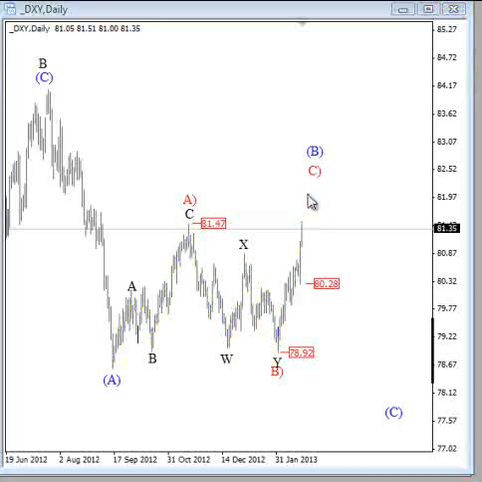So I think that if we keep in mind this structure on the dollar index, a flat correction, then of course euro dollar could rally.